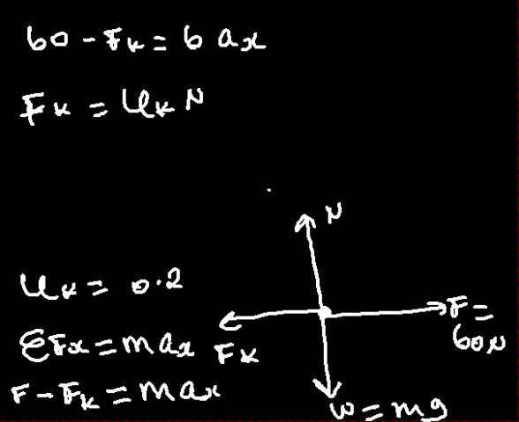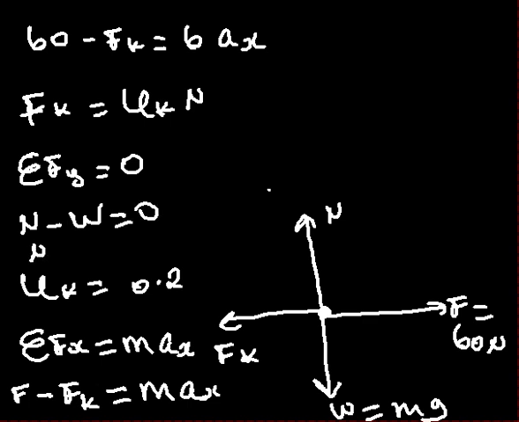We have to go to the forces acting along the y-axis. Since there's no motion along the y-axis, the summation of the forces is zero. The normal force acts up and the weight of the object acts down, and they sum to zero. So the normal force equals the weight of the object, which is mg.